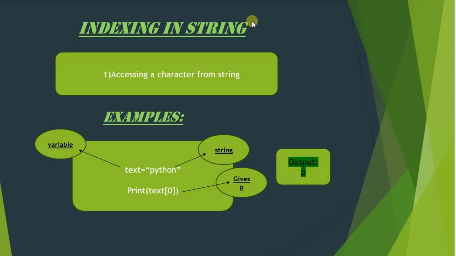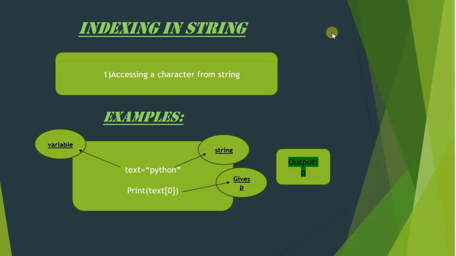Now let's talk about indexing in Python. Indexing is a way to access individual characters in a string using their positions. Python assigns an index to each character in a string, starting from 0 for the first character and counting up for each character that follows.